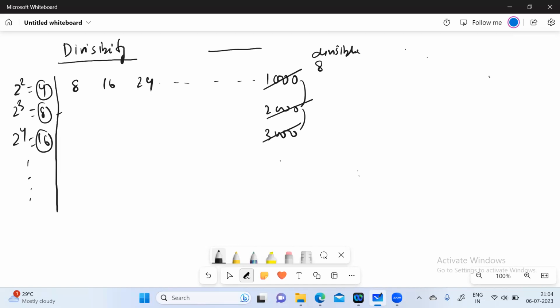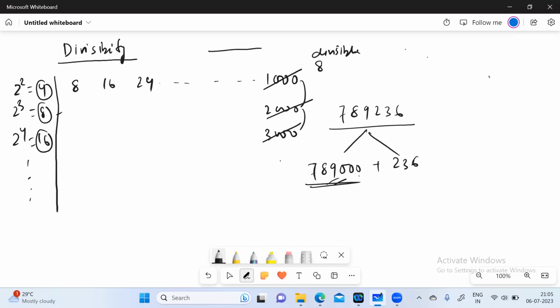Now if a number is like 789236, I'll break it into two terms: 789000 and 236. This number is 789 thousands and 236. I'll treat 236 separately.